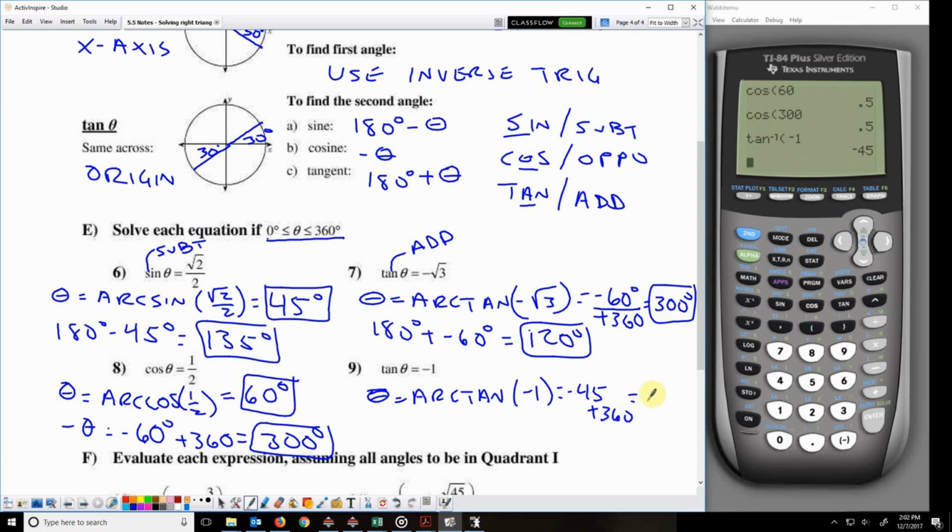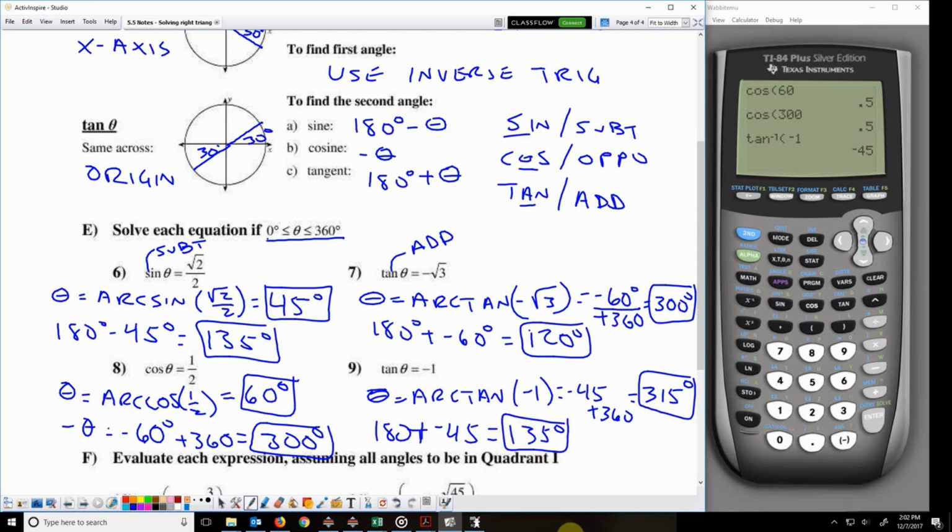And that's going to give me 315 degrees. Tan has an A for add, so 180 plus, and if I do the 315, it's going to be too big, so I'm going to have to subtract 360 to get a coterminal between 0 and 360. So instead, I'm just going to do plus negative 45. 180 plus negative 45 is 135 degrees.